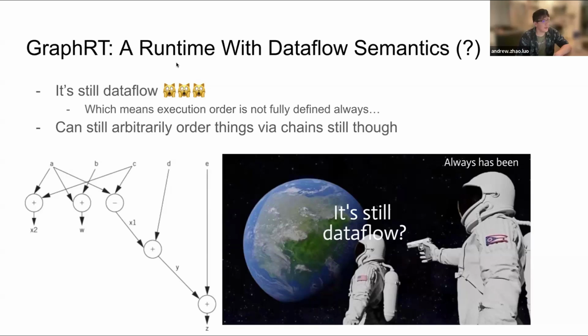Yeah, that's a really great question, Fabio. The way I would say it is that even though the GraphRT is inherently asynchronous, and you'll have to deal with the overheads from that, you can still arbitrarily chain things in order to have a static execution order. Or you could, for example, imagine the unit of execution for the GraphRT as a kernel.